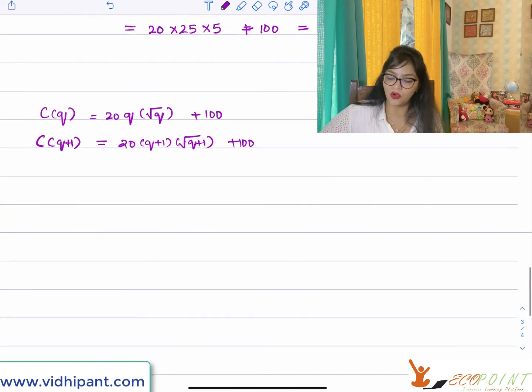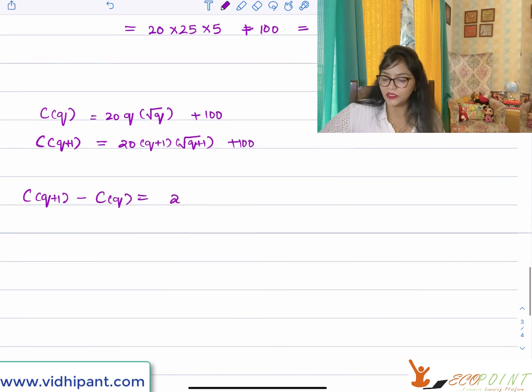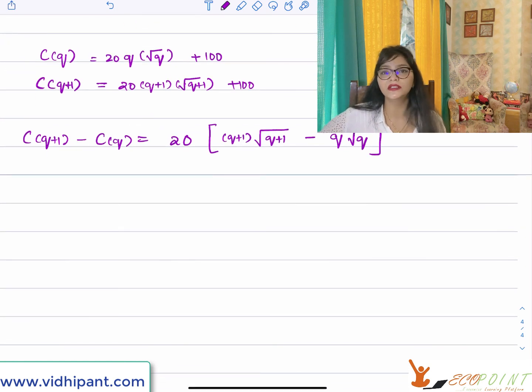The incremental cost clearly will be C of q plus 1, the cost of q plus 1 minus the cost of q. So the 100 would cancel out, and it's going to be 20 times (q plus 1) square root of (q plus 1) minus q times square root of q. This is what will be your incremental cost. Incremental cost essentially is the marginal cost.